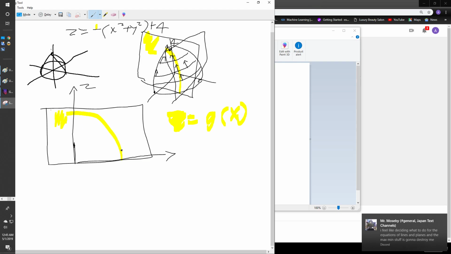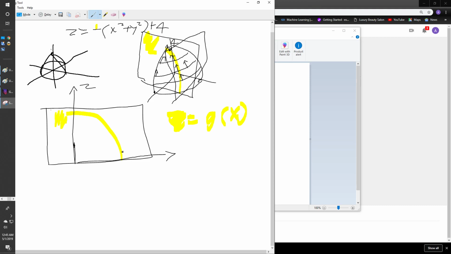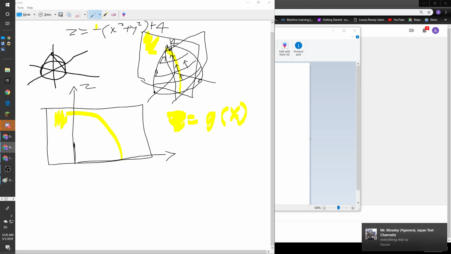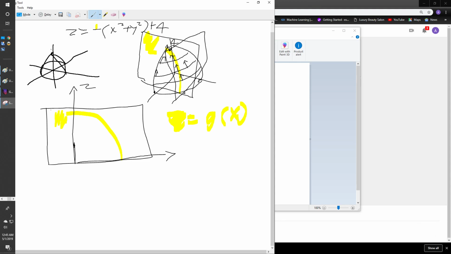I'm going to draw my gradients for g of x, because g of x is going to be the plane, the restriction onto the curve. And I'm going to call these all g prime of x.